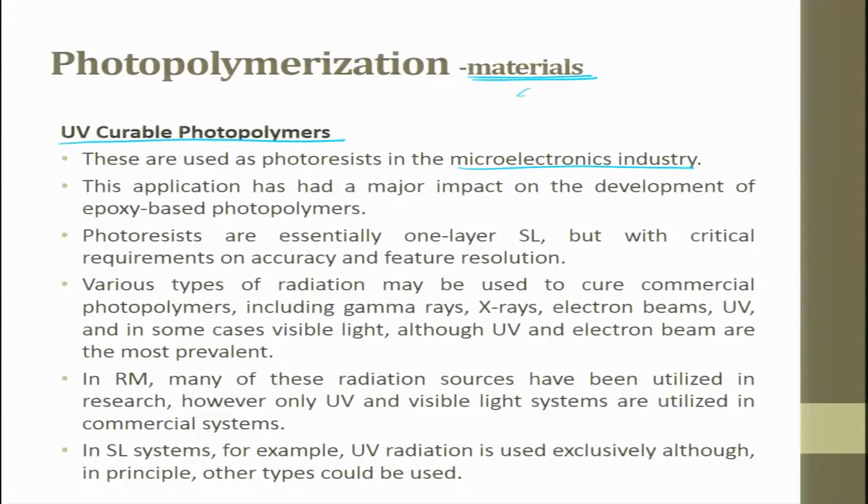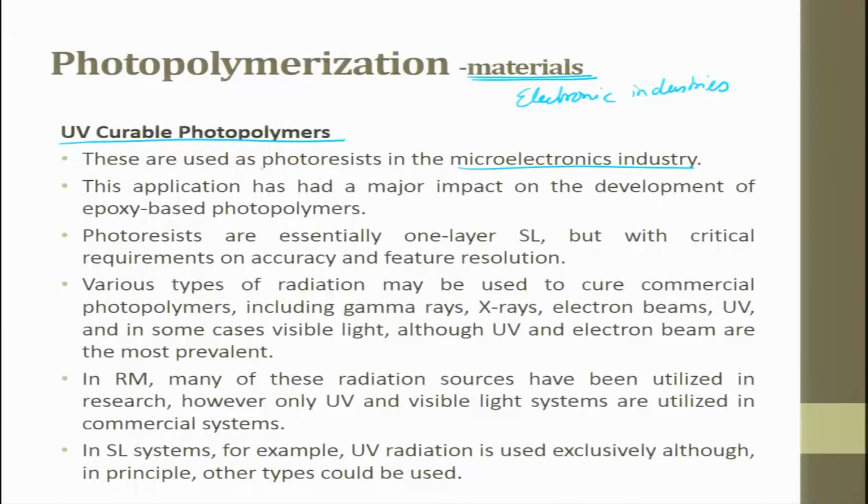There was a lot of advancement in the electronic industry, a lot of miniaturization started, and transistors were being added in IC circuits, so processing time became a critical parameter. Parallelly, rapid prototyping also started during that time.